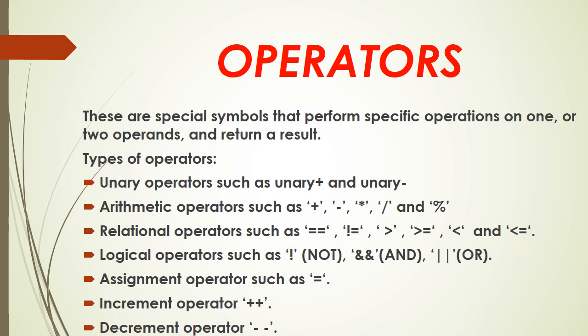So these are three logical operators. Next is the assignment operator, which is represented by equal to, like a equal to 5. Next are the increment operator, plus plus, and the decrement operator, minus minus. So these are the operators which we can use in programs.